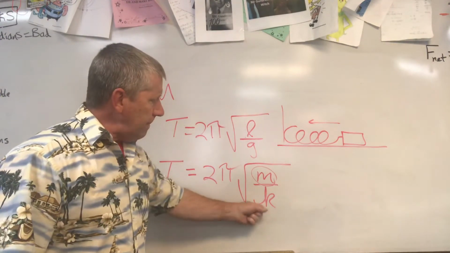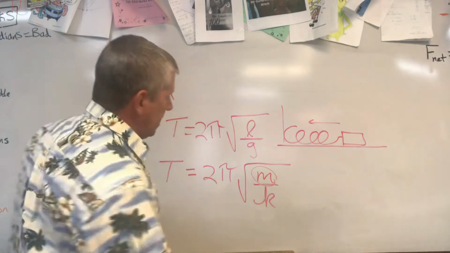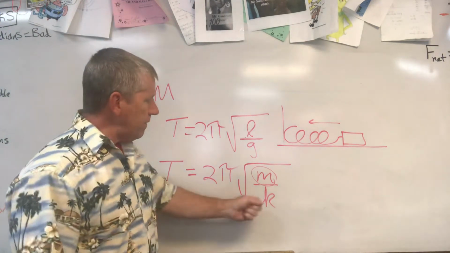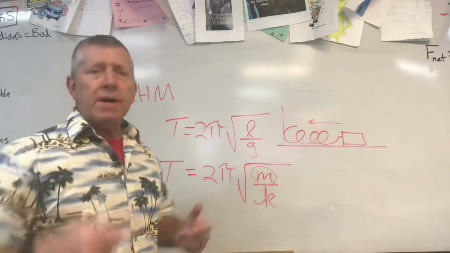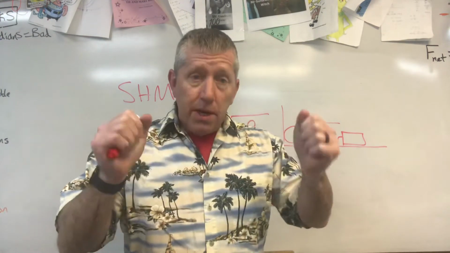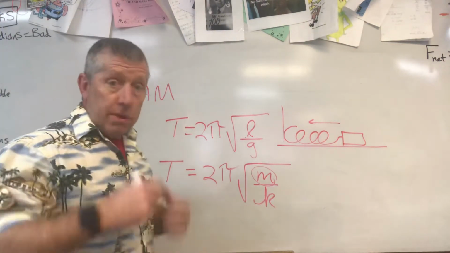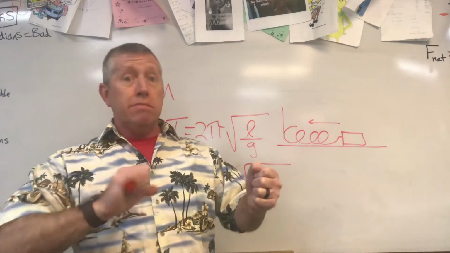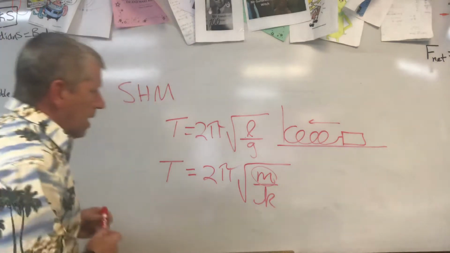Spring constant is going to matter. If you have a very large spring constant, it being on the bottom is going to decrease your time period. If you have a small spring constant, it means it's easy to move back and forth. Remember, spring constant is how difficult or easy it is to stretch and compress a spring, that k value. If you have a very large k value, it's very difficult to stretch or compress a spring.